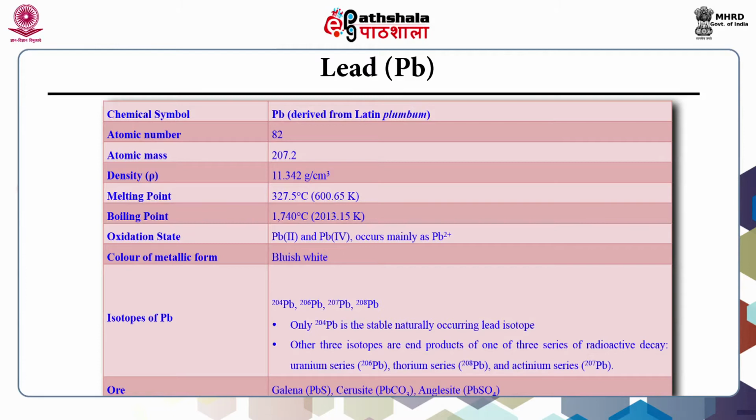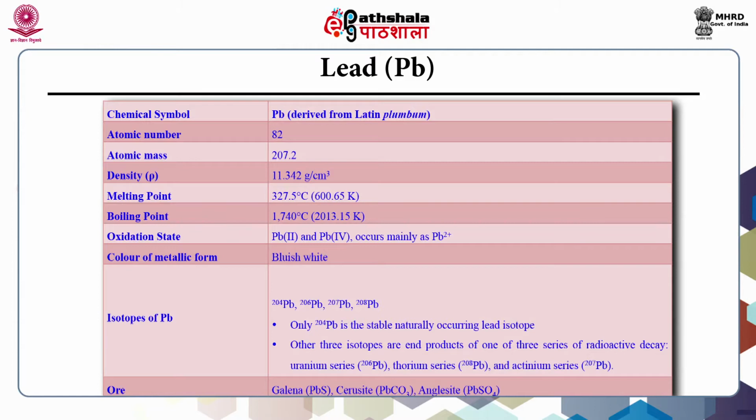The other 3 isotopes, that is Pb206, Pb207 and Pb208, are end products of one of the 3 series of radioactive decay. The end product of the uranium series is Pb206, the end product of the thorium series is Pb208 and the end product of the actinium series is Pb207.